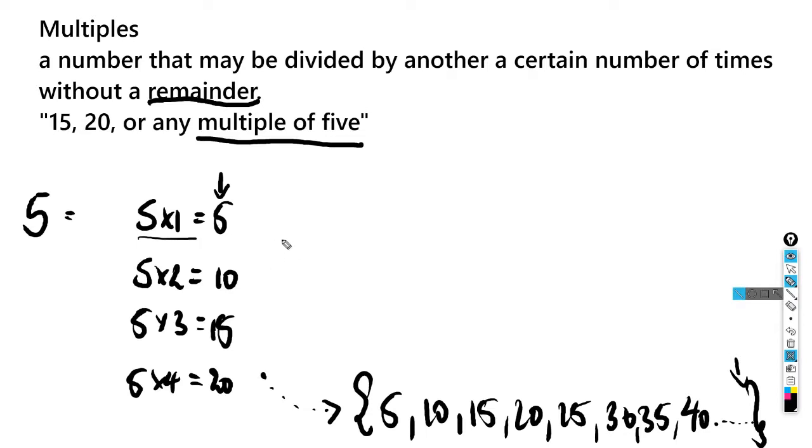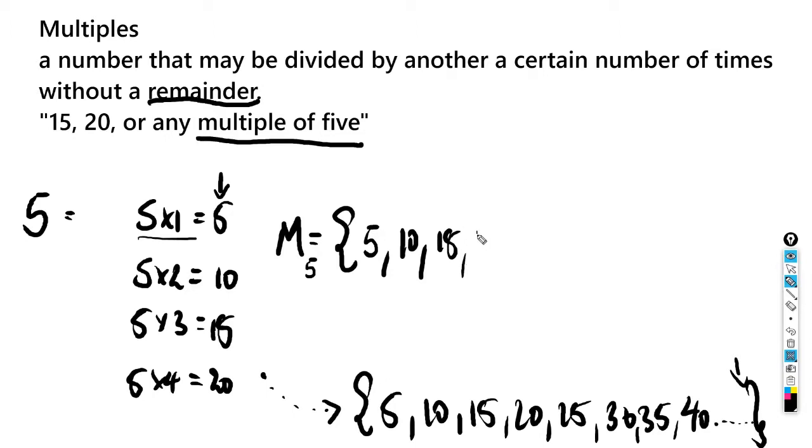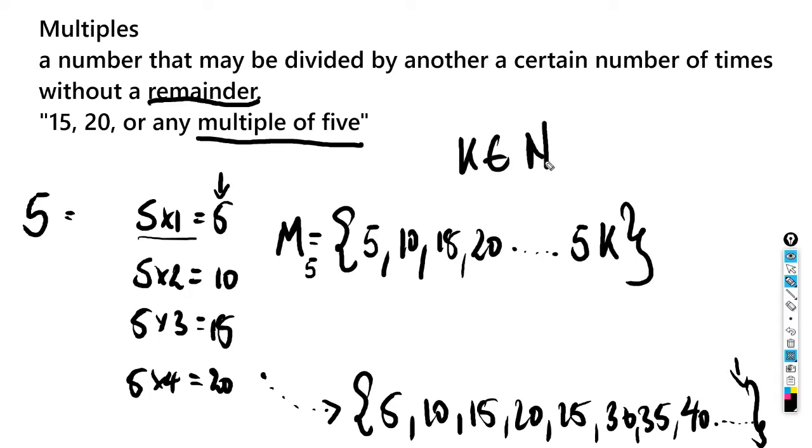Let's use M. Let's call the set M, and M is a set of multiples for 5. So it's 5, 10, 15, 20, and so on, all the way to 5k, where k is an element of the natural number set.